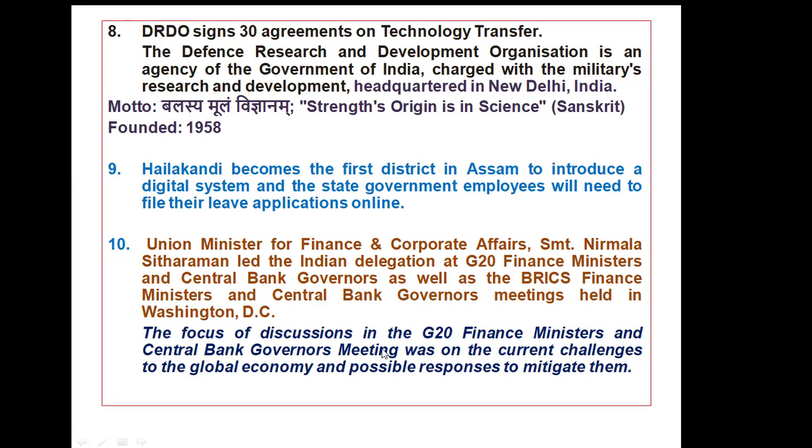The focus of the discussion was on the current challenges to the global economy and possible responses to mitigate them. And this was led by Nirmala Sitharaman, our Union Minister for Finance and Corporate Affairs. So guys, these are the very important selected current affairs for your coming examinations.